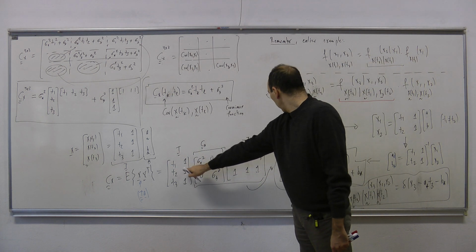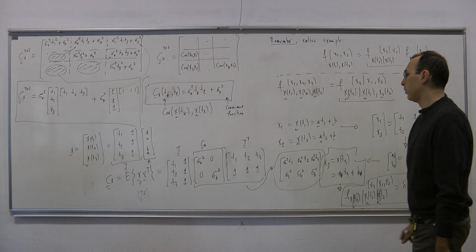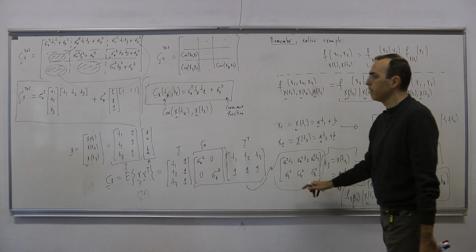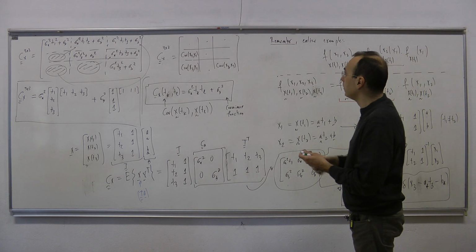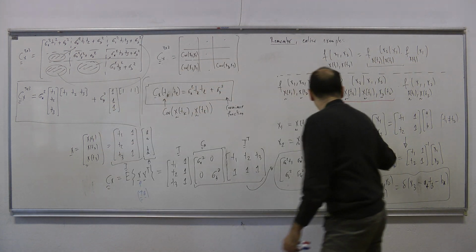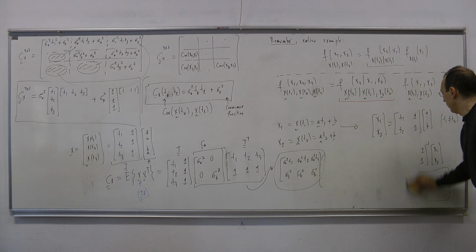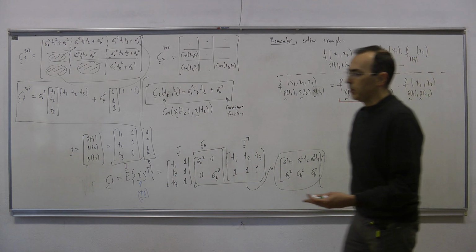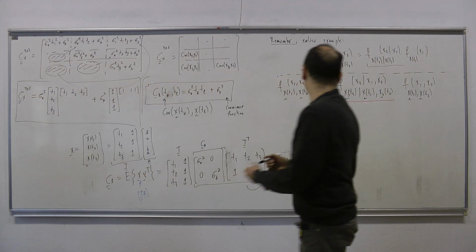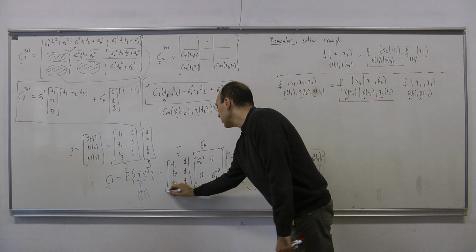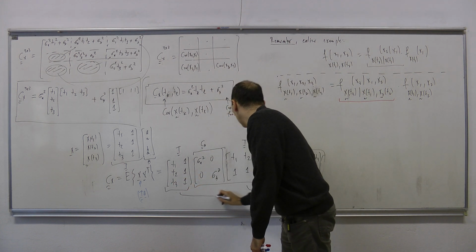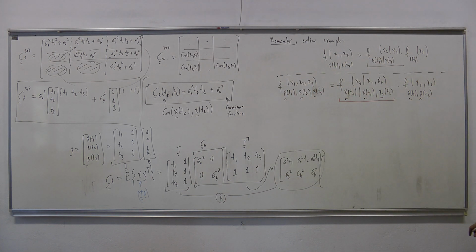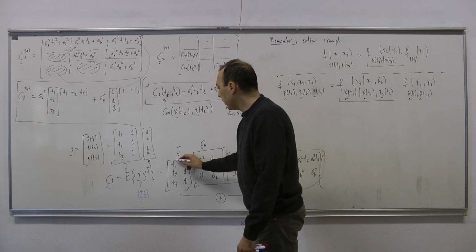Now, I have to calculate the product of this matrix and this matrix. Do you remember there was a way of calculating? Let me erase this part. We are almost done, by the way, but I'm again focusing on some possibly important facts. Now I should multiply this matrix with this matrix. So how do you do this? Do you remember we had a method like this?